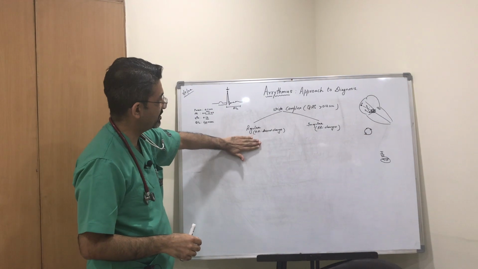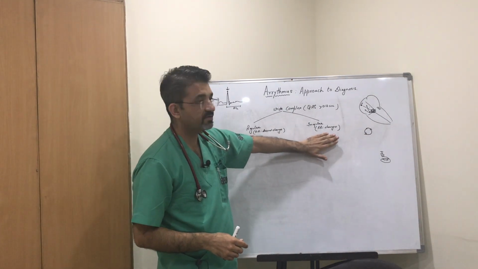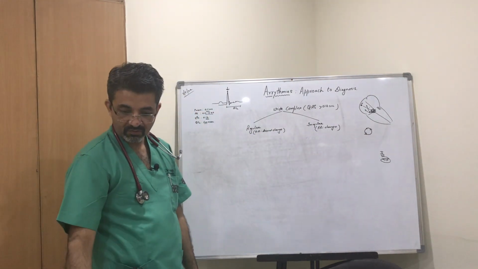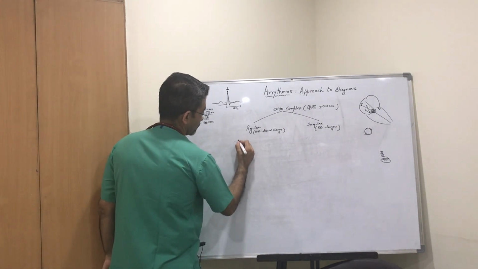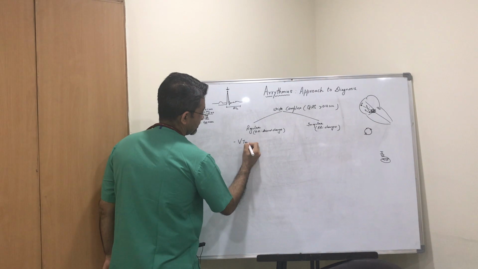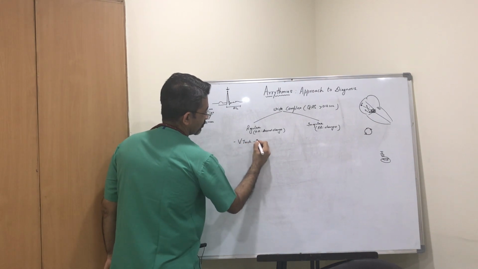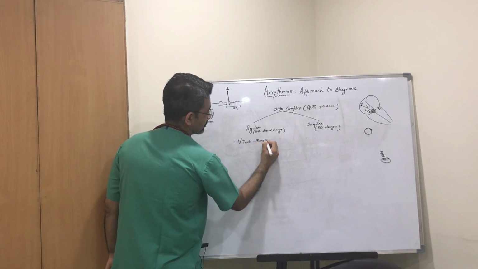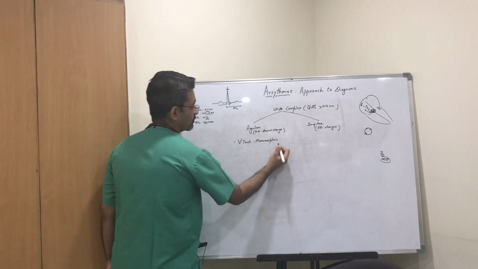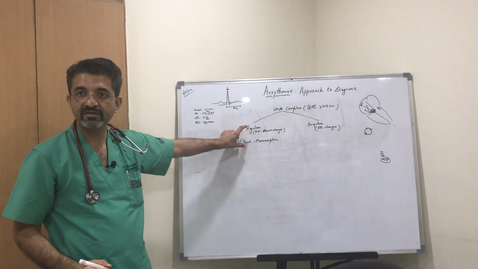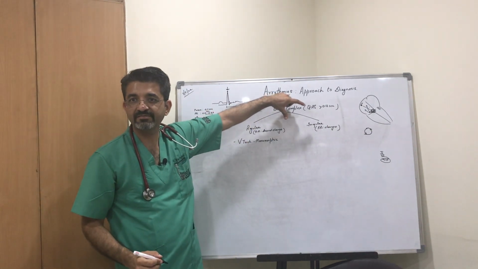Again, it can be regular or it can be irregular. So what is regular? Ventricular tachycardia, which is monomorphic, is regular, but it is wide.